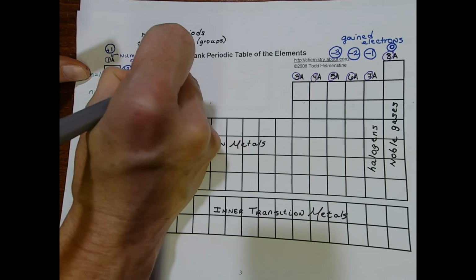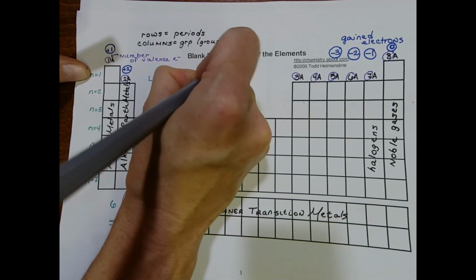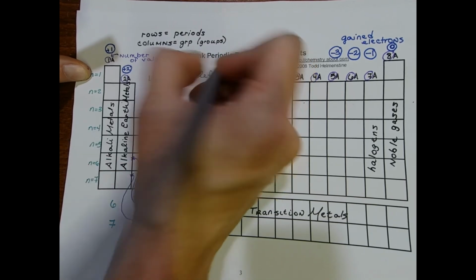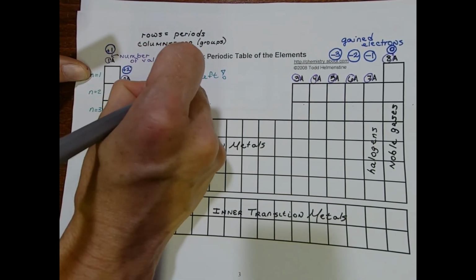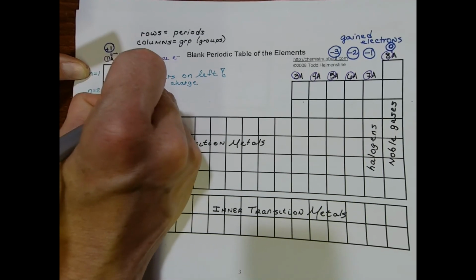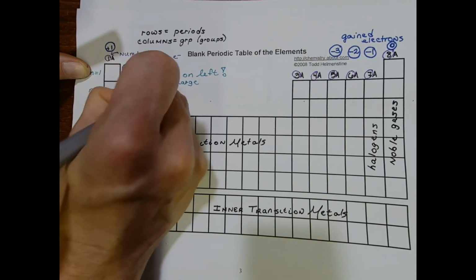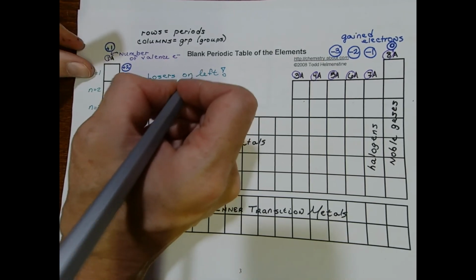So I like to say losers on the left. When something loses electrons, it's going to have a positive charge. And so even though I didn't give any specifics about what's going on with our transition metals, we now know that metals will form positive charges when they start losing electrons.